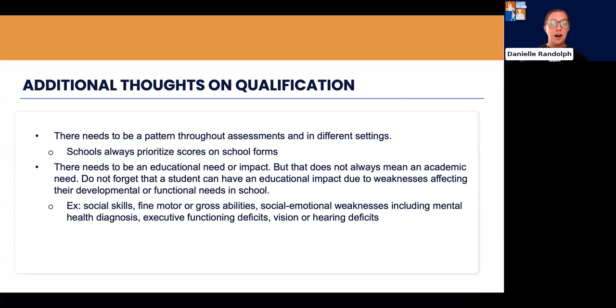Social skills, although that's not academic, that is something that all of our kids need to have, because the goal of an IEP, and Ruth kind of hit on this with the transition piece, is to be able to transition them out, whether that's independent living, the workforce, college and post-secondary. So if the student's disability is impacting them in any of these areas that's not academic, we still need to talk about them, and we need to consider qualification for those areas.